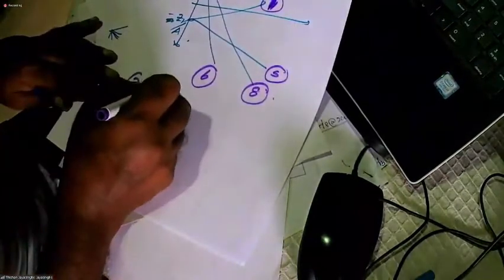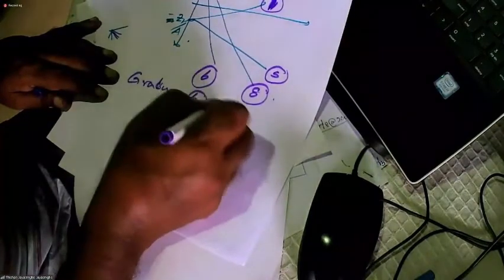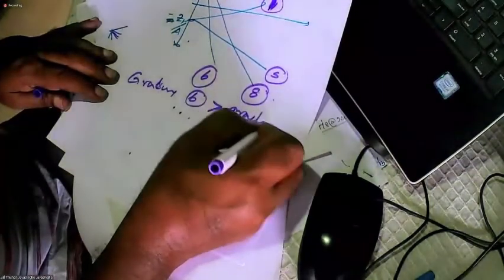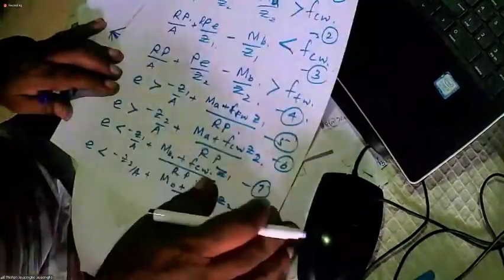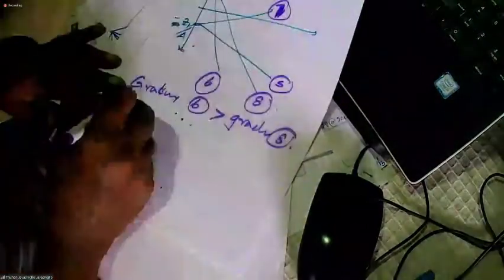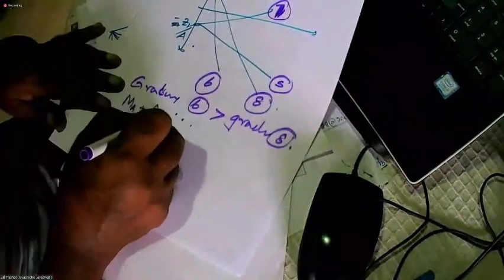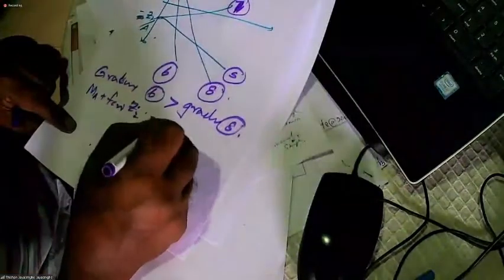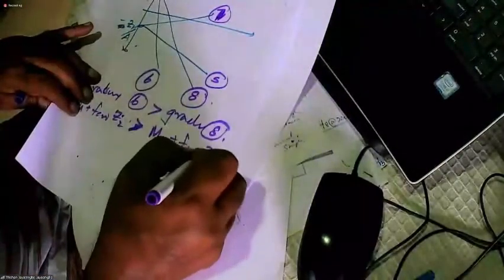Gradient of 6 should be greater than gradient of 8. Gradient of 6 is MA plus FCW Z2, and 6 should be greater than 8: MB plus FTW Z2 over Z2.